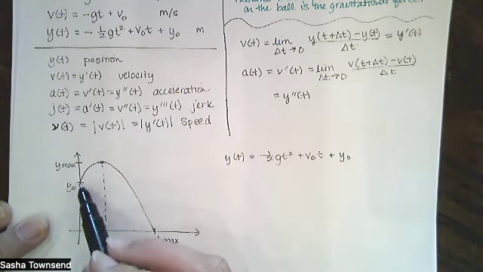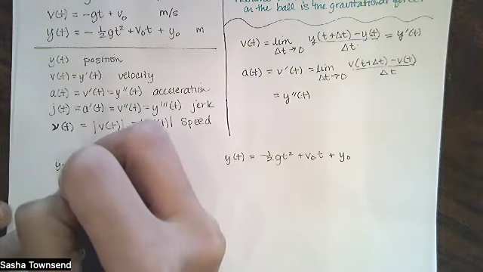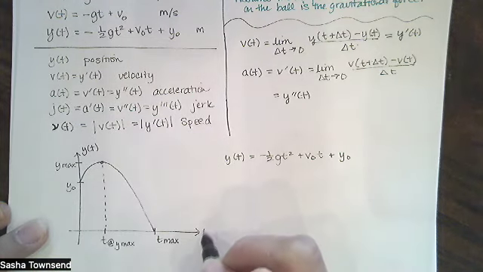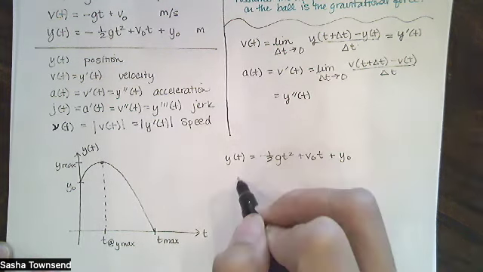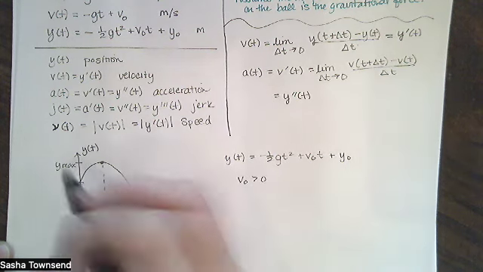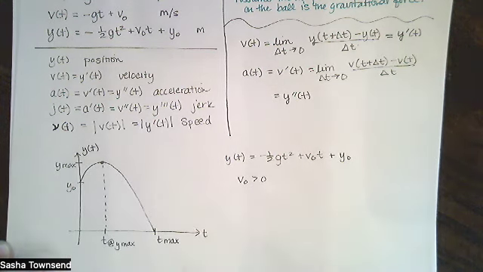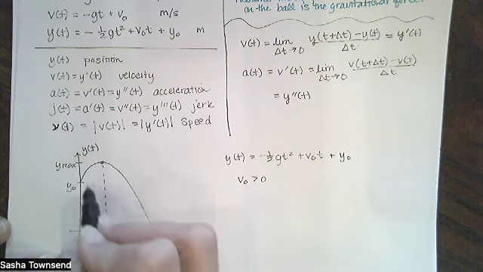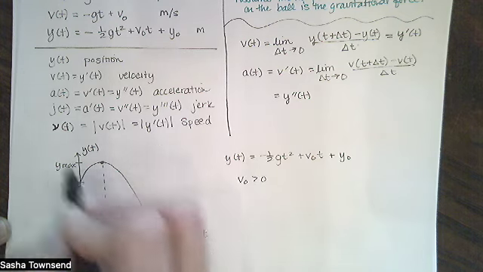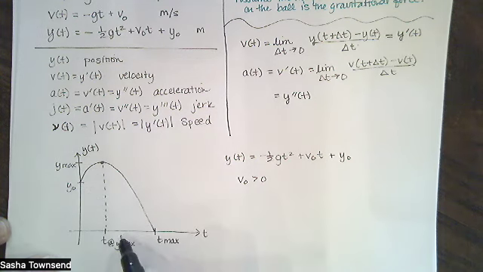That's how long the projectile has been in the air. This is Y as a function of time. And this is our t-axis. And one thing I want you to notice is that if the velocity is positive, then the graph goes up before it goes down. If the velocity is negative, then actually that vertex of the parabola would have been on this side, and we're just sort of throwing it down.